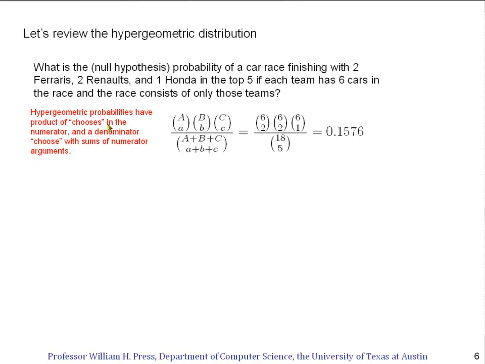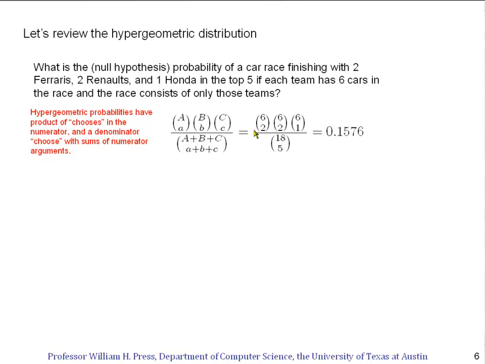So the total number of ways we could have 2 Ferraris finish in the top 5 would be the number of Ferraris, that's 6, choose 2. And the total number of ways we could have 2 Renaults is also 6, choose 2. And that's, of course, independent of the Ferraris. And the number of ways we could get 1 Honda is 6, choose 1. So the numerator is the product of these 3 binomial coefficients over here.